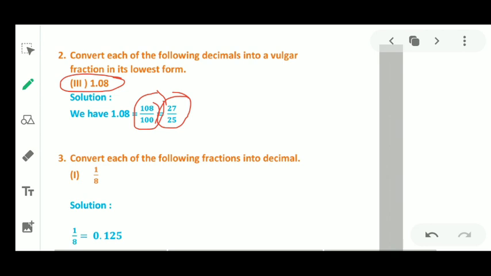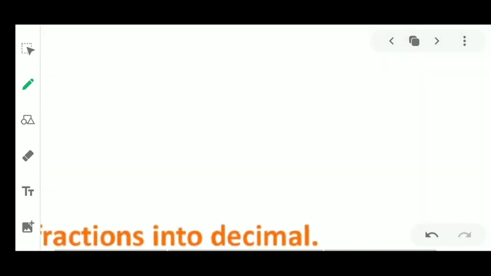Now question number 3. Convert each of the following fractions into decimals. Here you have to convert 1 by 8 into decimal.